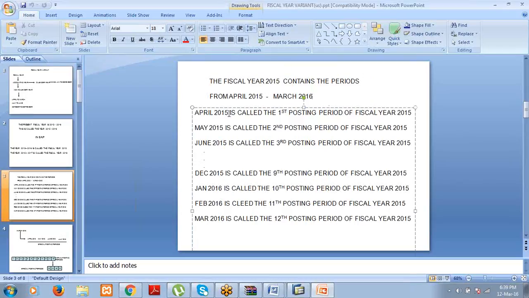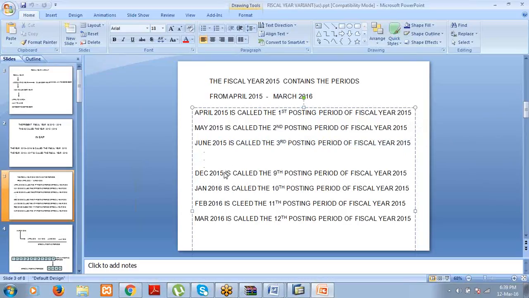April 2015 is called the first posting period of fiscal year 2015. May 2015 is called the second posting period. June 2015 is called the third posting period.